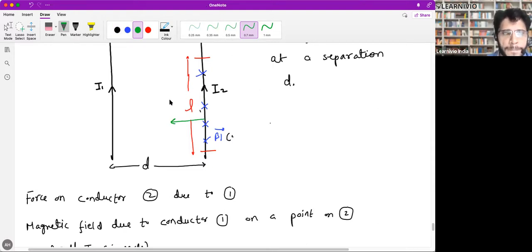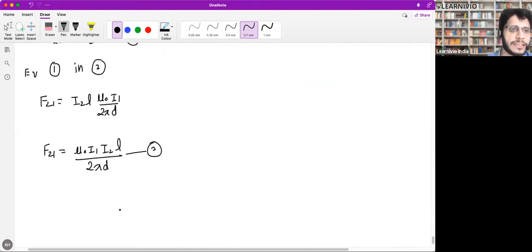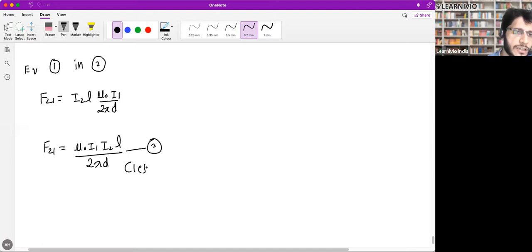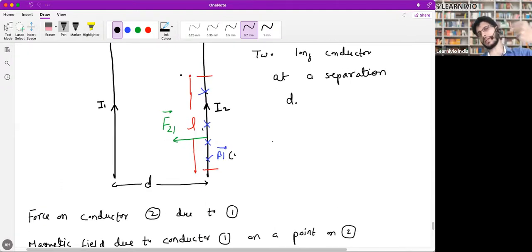Nazira, left, good. So this is the direction of force on conductor 2 due to conductor 1. The force is acting in the left direction. Conductor 1 is pulling conductor 2 to the left.